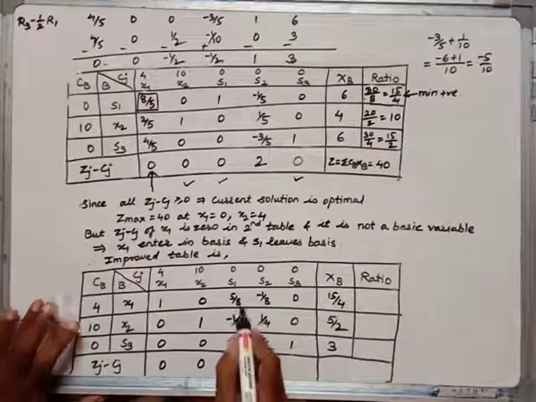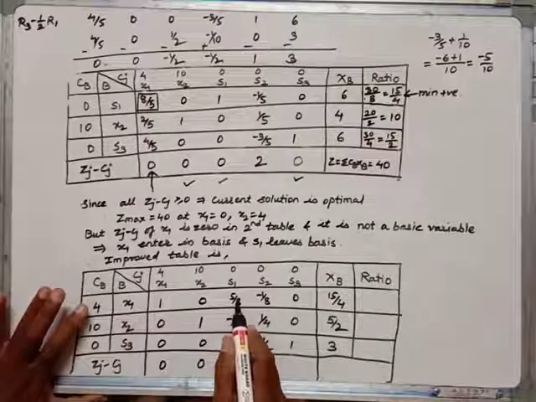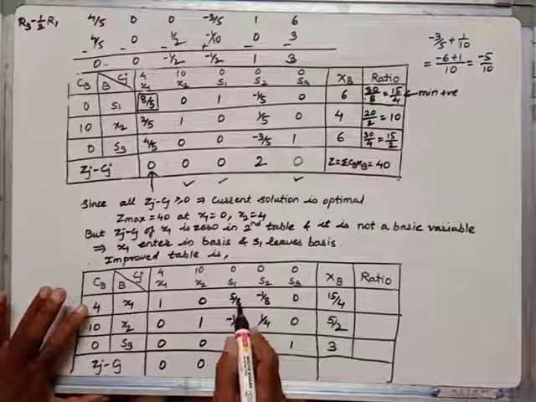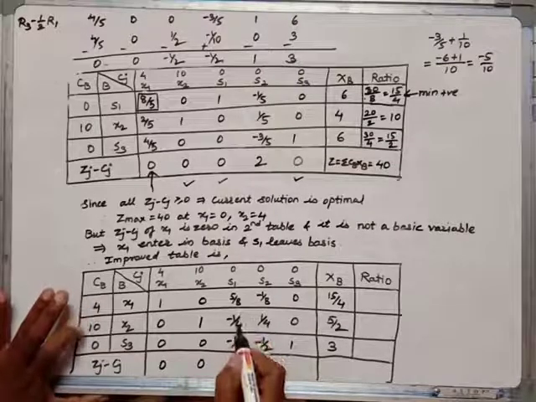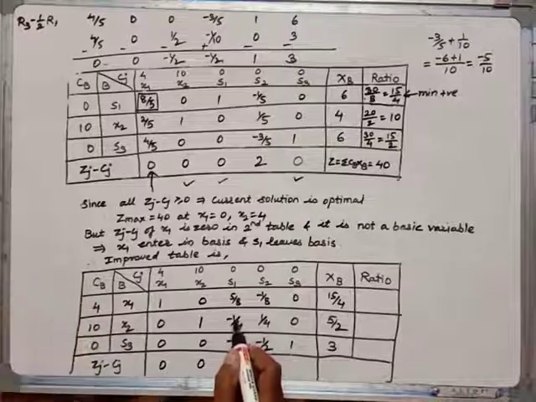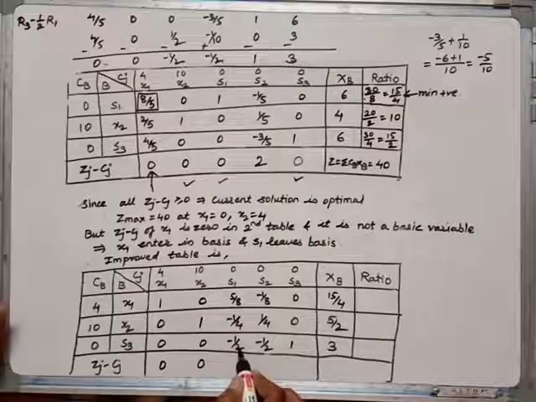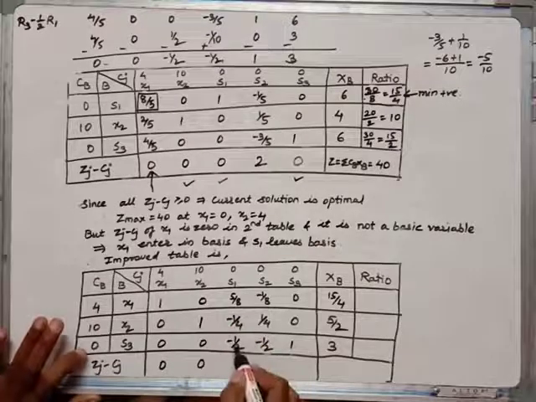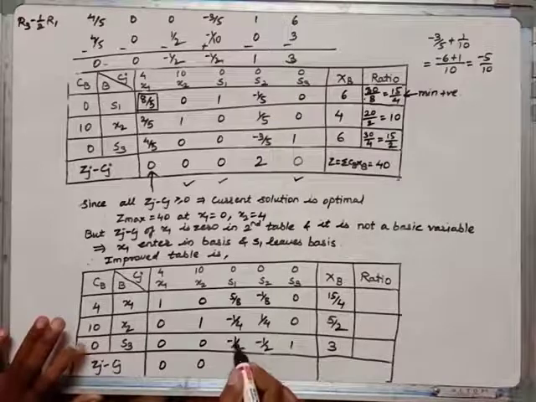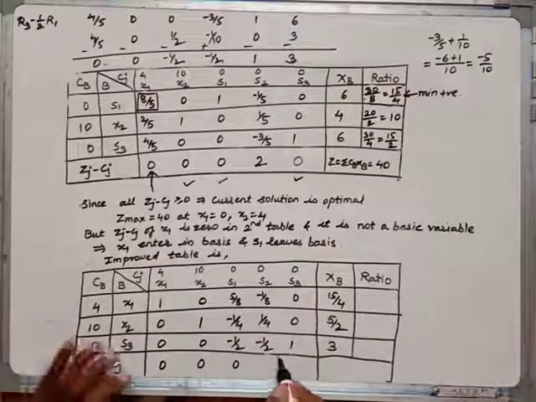So again 0. 4 into 5 by 8 will be 5 by 2 minus 1 by 4 times 10 means minus 10 by 4. So it is also minus 5 by 2. This is plus 5 by 2 minus 5 by 2. So that addition will become 0. 0 minus 1 by 2. So that is 0 minus 0. So again it is 0.